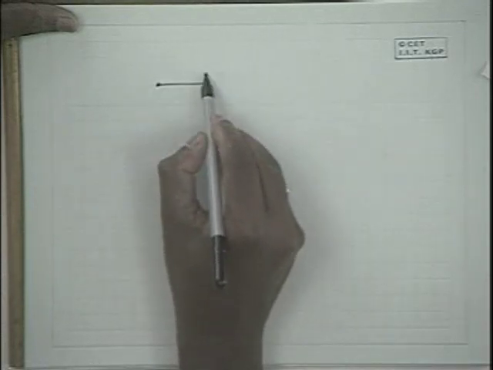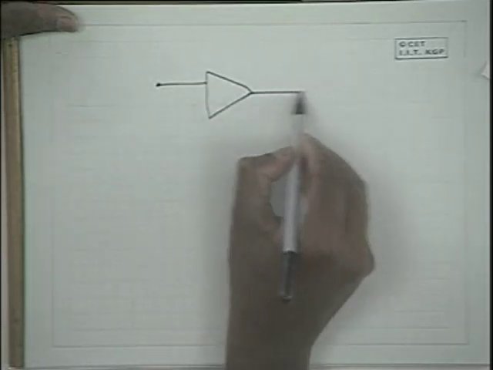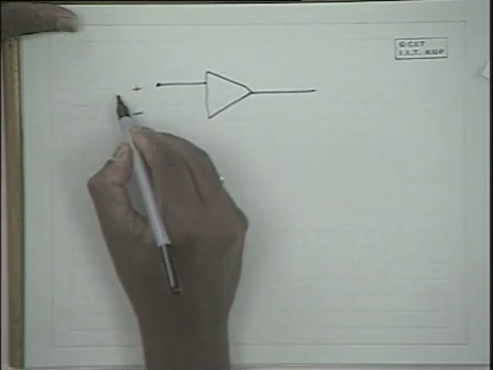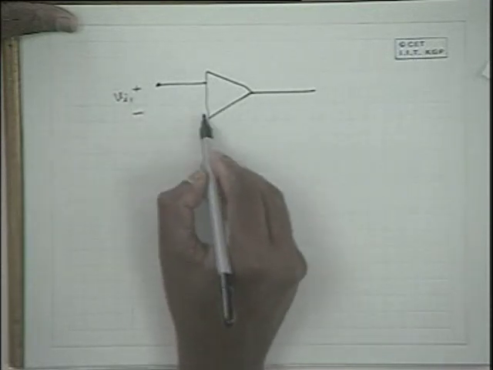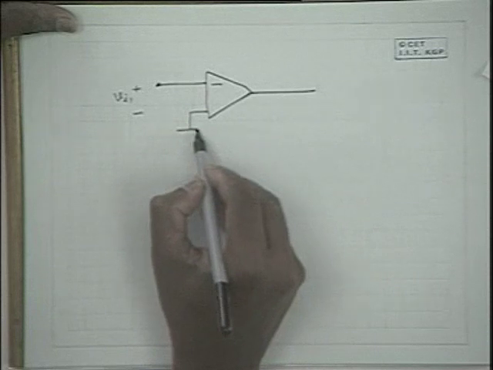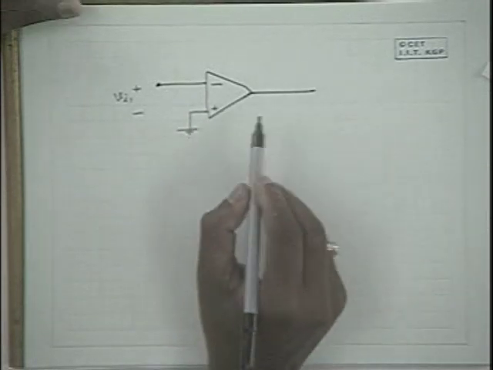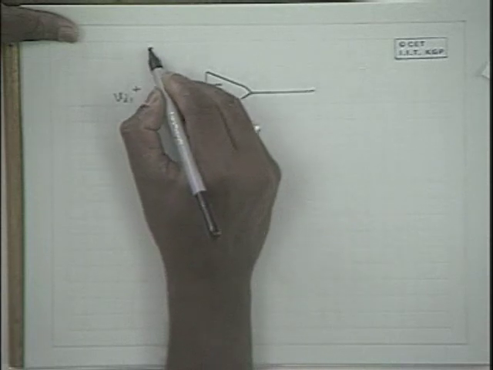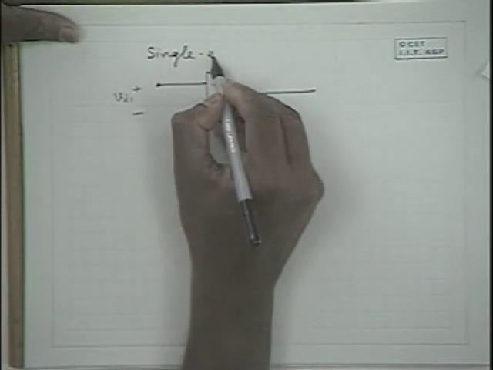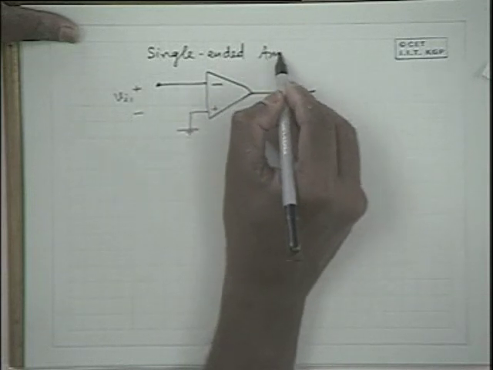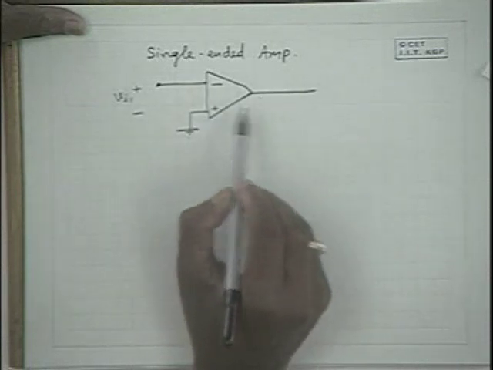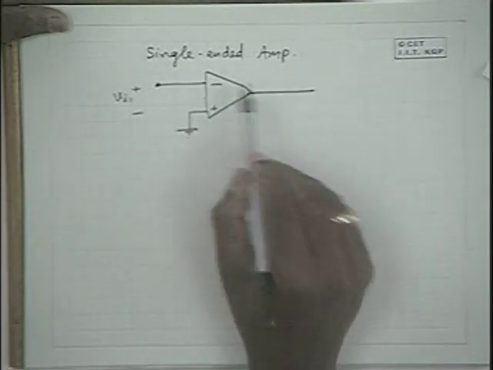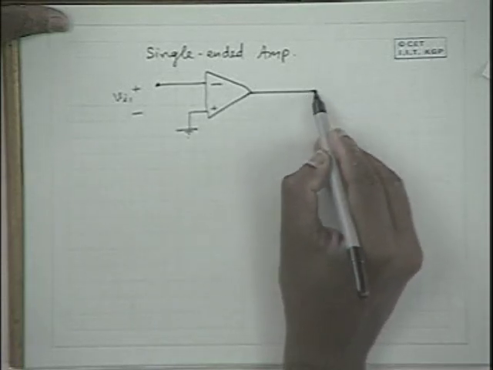By grounding one of the terminals and using only one terminal, say the negative terminal, and grounding the positive terminal, we can use it as a single-ended amplifier, an amplifier with voltage gain that is negative, with a negative sign.